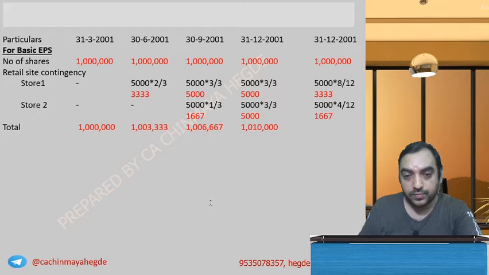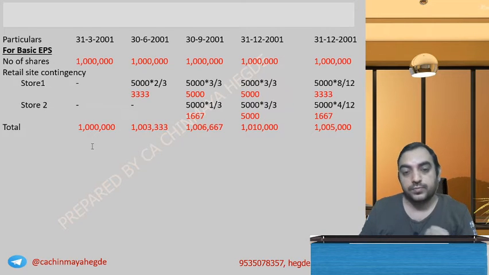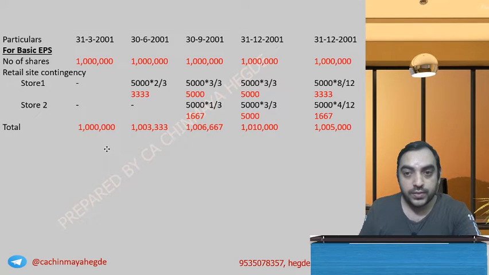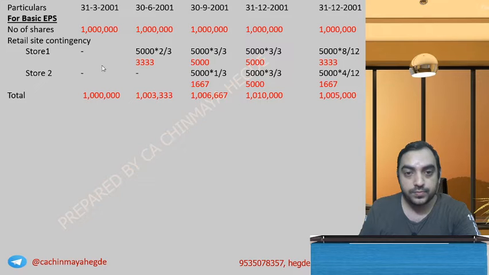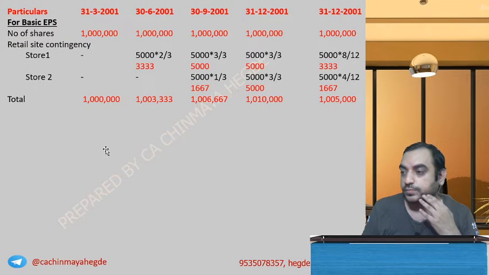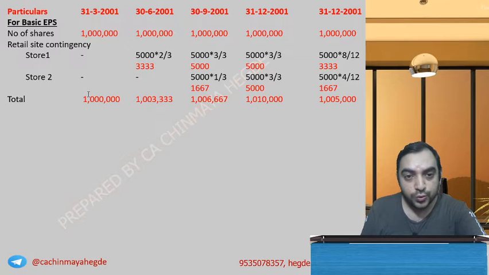Last, for the full year, 1,005,000. Okay, so this is for basic EPS. Okay, let's do it for diluted EPS now.